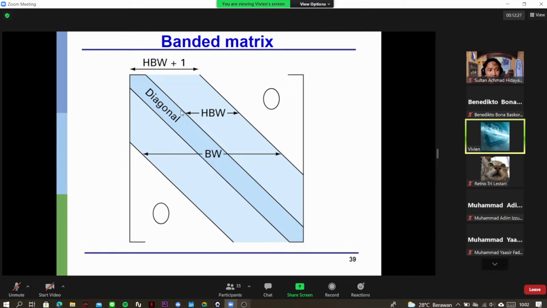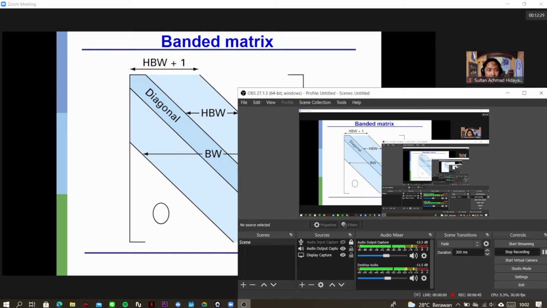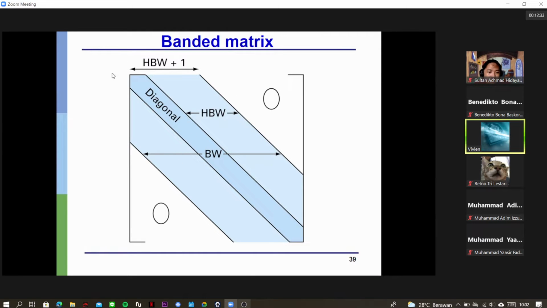Here we have the half bandwidth, and all of that will be the bandwidth. The diagonal element is here, so we have half bandwidth plus 1. The bandwidth itself will be 2 times the half bandwidth plus the diagonal element. This is the banded matrix, and it arises in partial differential equation problems. What are the elements outside the banded matrix? They will be 0. All of the elements here will be 0.